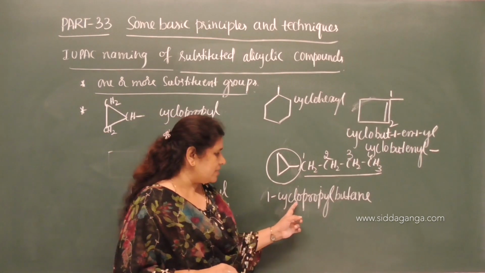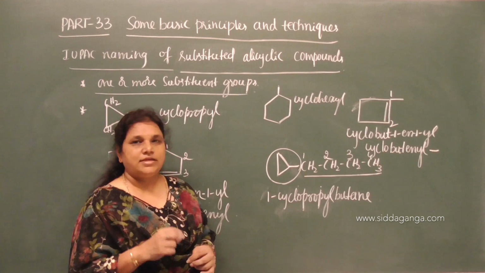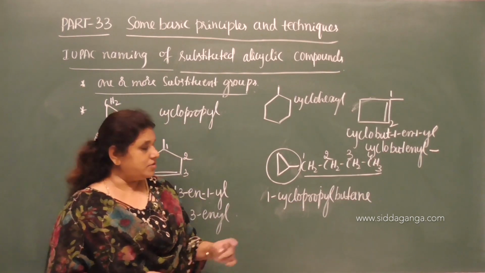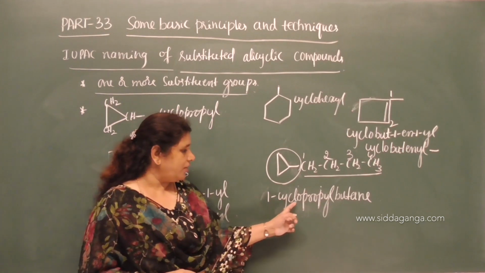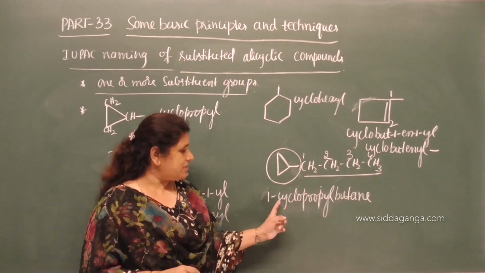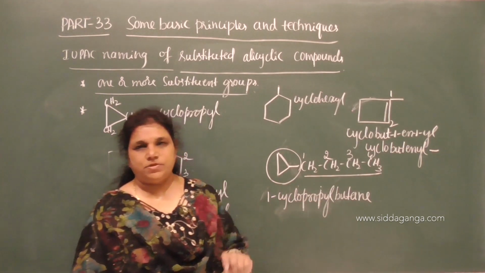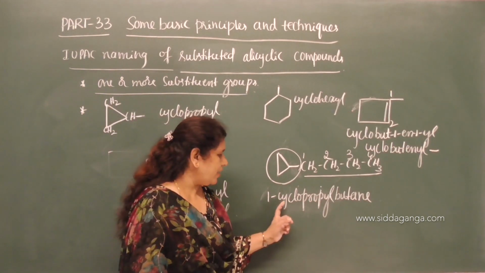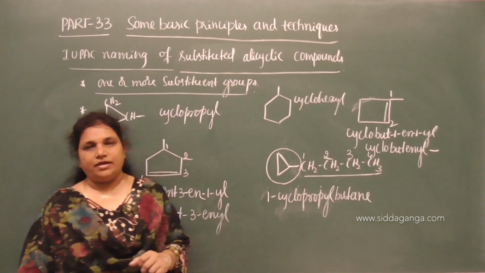We need to consider the prefix cyclo while arranging in alphabetical order. For example, if there is another substituent group, we need to consider cyclo, since C is a part of the fundamental name of the substituent group. Therefore, we have to consider the word cyclo while arranging in alphabetical order.